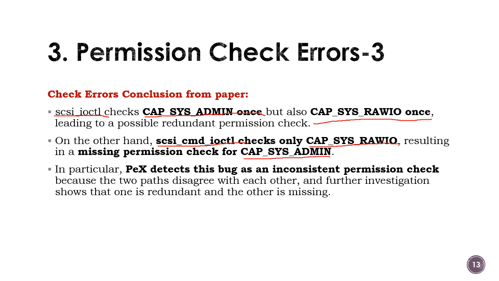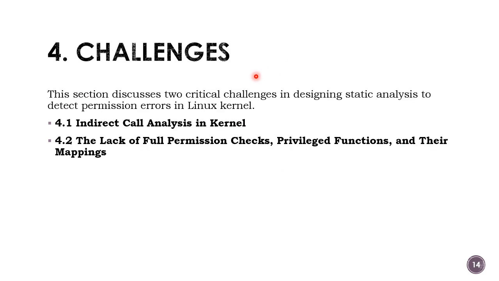But we don't know though. So this is the problem: when PAX detects this bug, because of this inconsistency, of course it will be detected, but it still remains unknown how we can resolve this problem.